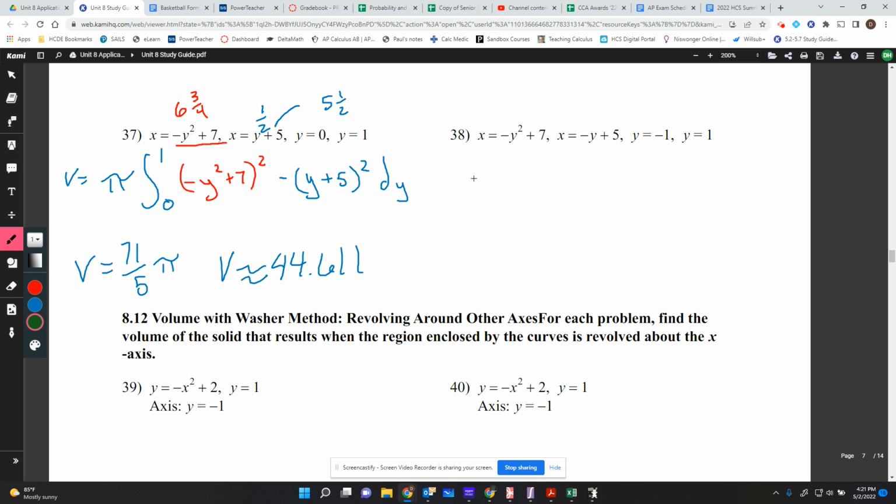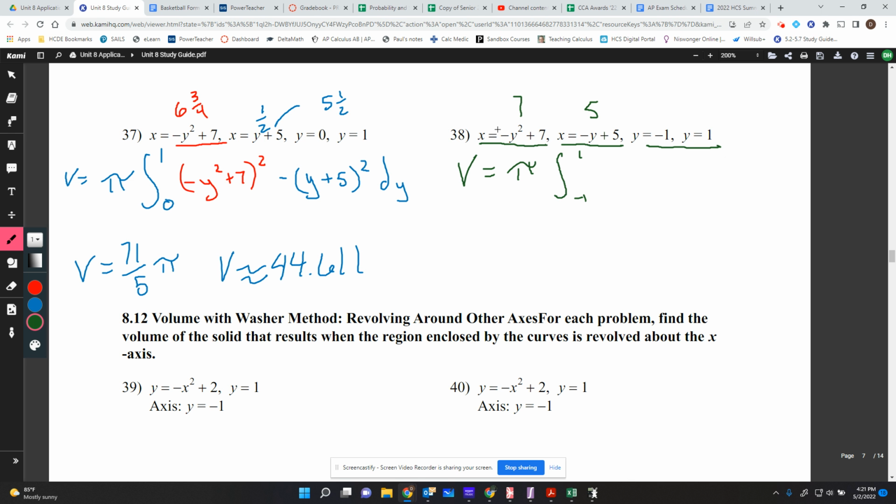So here again, we're going to revolve around the y-axis. And I know because it's giving me functions in terms of y and bounds there. So it's going to be -1 to 1. If I put in 0, because that's in this interval, -1 to 1, I get 7 over here and 5 there.